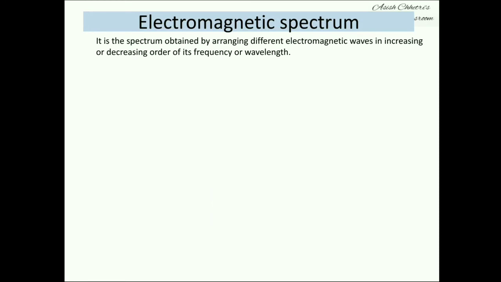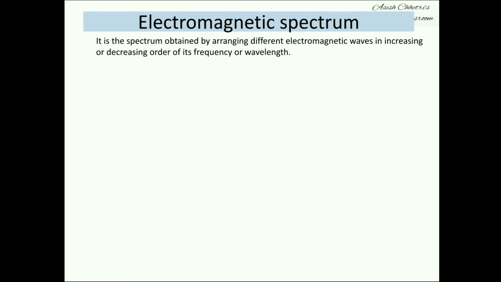Now let us go to the definition. It is a spectrum obtained by arranging different electromagnetic waves in increasing or decreasing order of its frequency or wavelength. Different electromagnetic waves have different frequencies and different wavelengths.